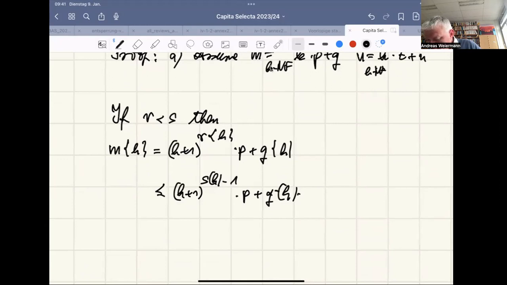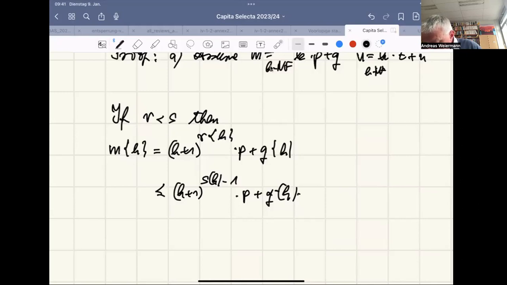Now q is smaller than k to the r. What does this mean? Q is smaller than k to the r, then q of k is bounded by k plus 1 to the r of k, and r of k is bounded by s of k minus 1.